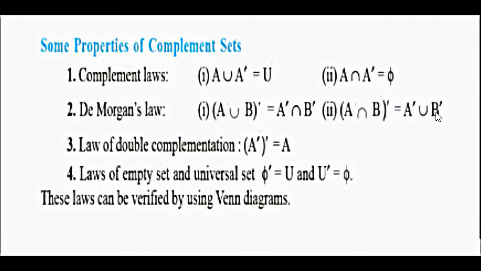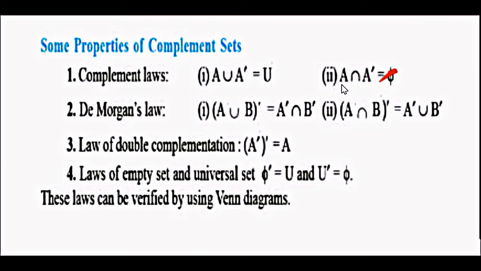Let us see some properties of complements of sets. First, if you combine or unite A and A complement, you will actually get the universal set, because A and A complement together comprise the universal set. And again, A intersection A complement, because A and A complement don't have anything in common, you'll get phi.